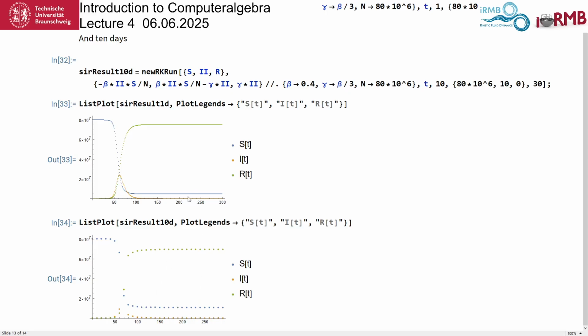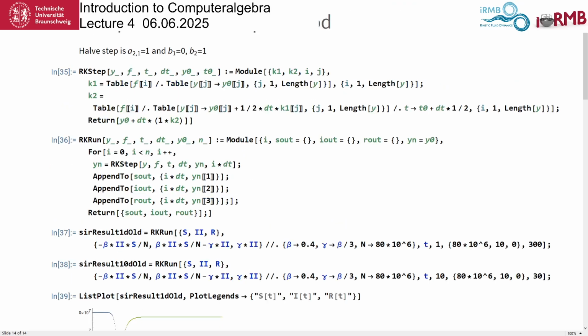I think that the result down here, the number of susceptible, is not quite so accurate. There are more left here than here.